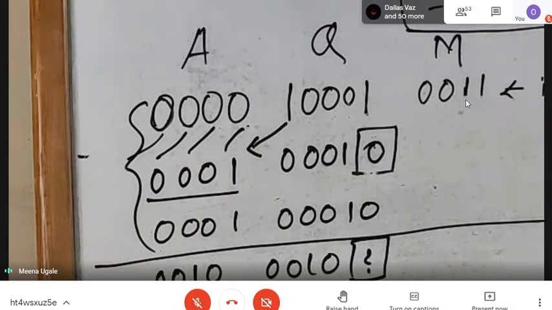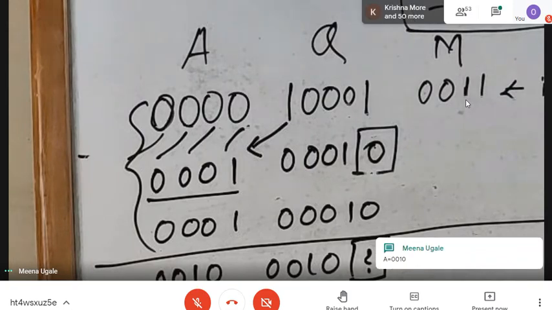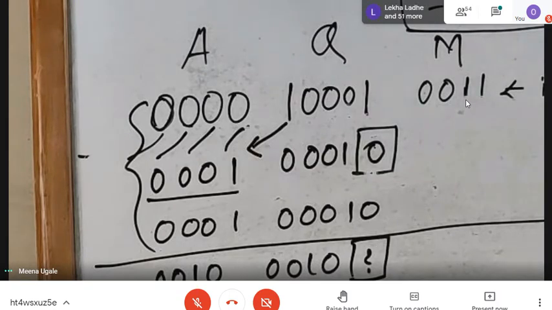Final answer, you are going to get A as a remainder and Q as a quotient. I just type in the chat box the final value for your subtraction answer. Those who have completed, please check your answer.